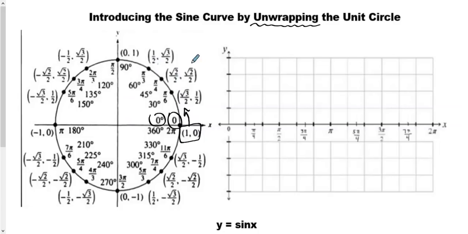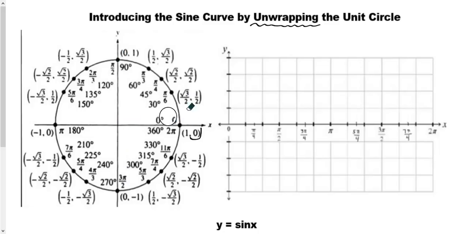So what we're going to do is only take a look at two of these pieces of information. We're going to look at how the angle in radians of your position around the circle relates to the y coordinate of the given point. And really, what that is, is our height above the x-axis or below the x-axis.